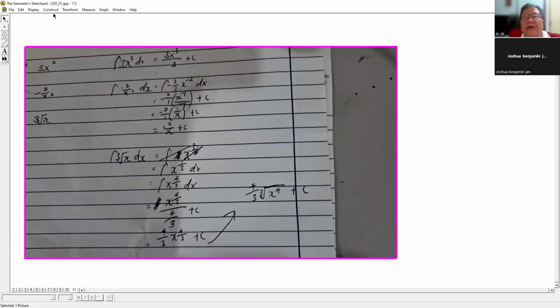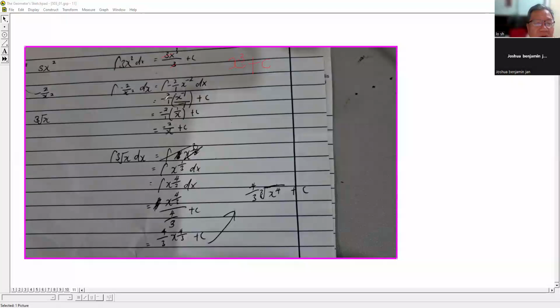This one, the 3 can cancel, and the 3 and 3 can cancel. So you can have x cubed plus c. So this one you can cancel the 3, x cubed plus c. This number you don't integrate.